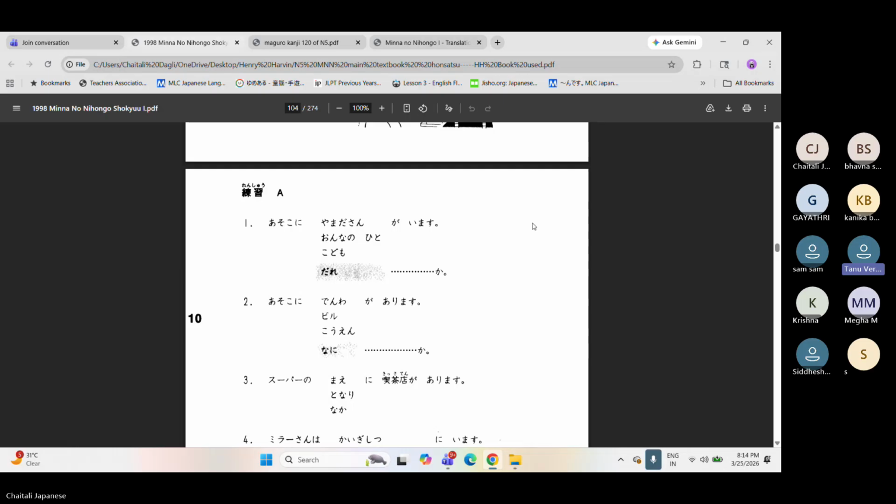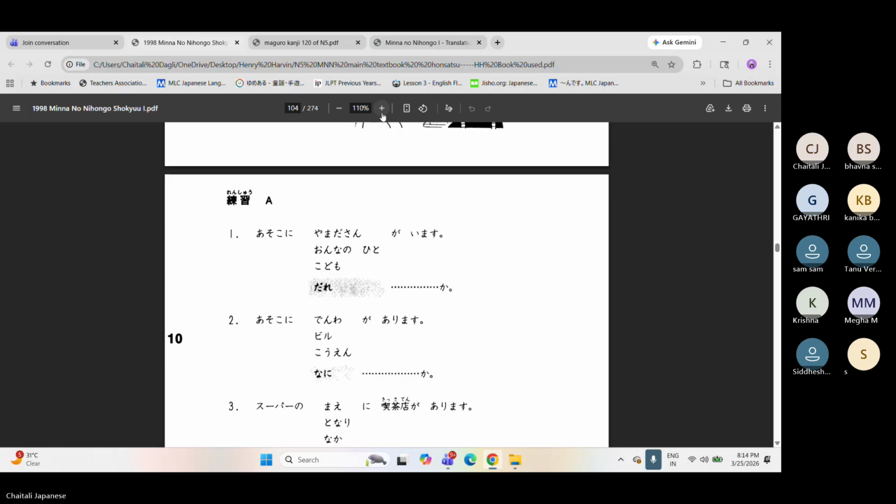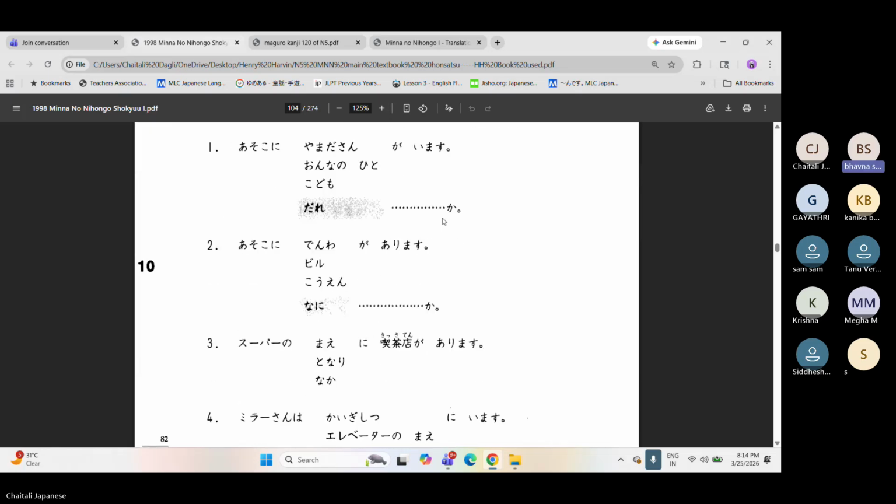Ma'am, where is the ga in this? Okay, in the second sentence, here it is, ga imasu, ga arimasu. Ma'am, please zoom in. Arigato, sensei. Sensei, this is the translation book only, right? Not the main book.